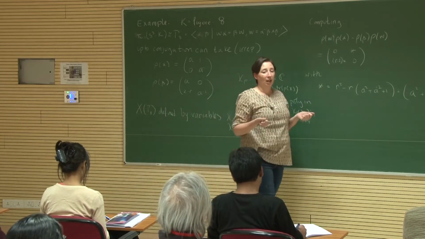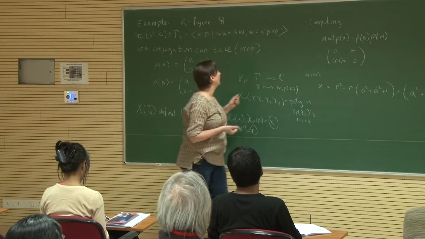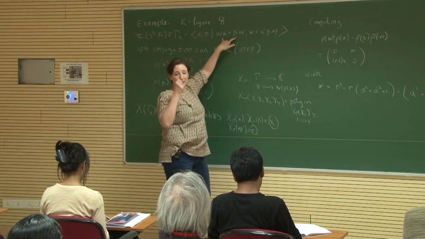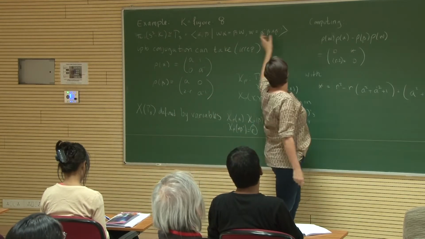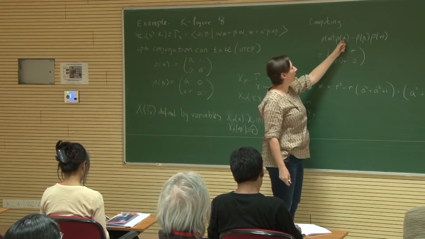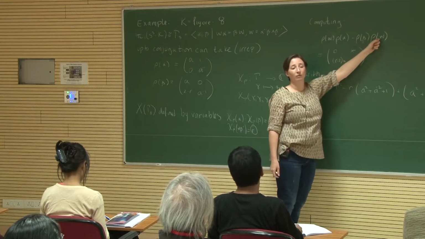What do I do to check that it's a representation? I need the defining word to be satisfied. So I need rho of w, rho of alpha to equal rho of beta, rho of w.